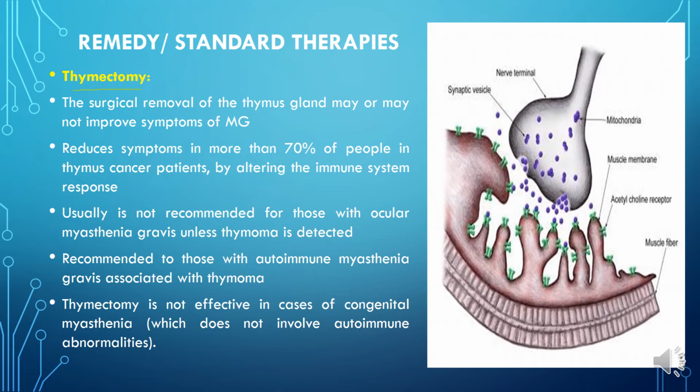T cells activate the B cells and the B cells produce these antibodies. So in this entire cascading effect they are misinformed, and the wrong type of antibodies are produced by the plasma cells. So if there is either cancer or hyperplasia of the thymus, it can be surgically removed.